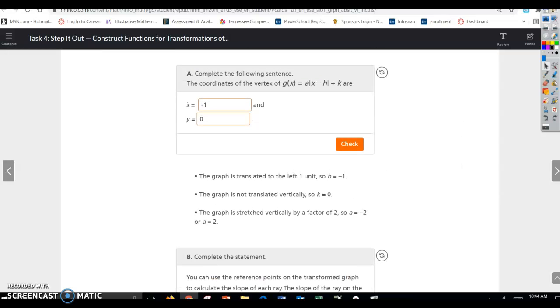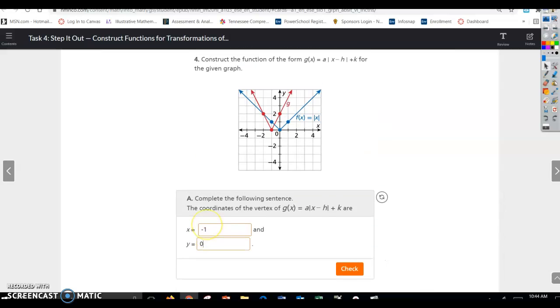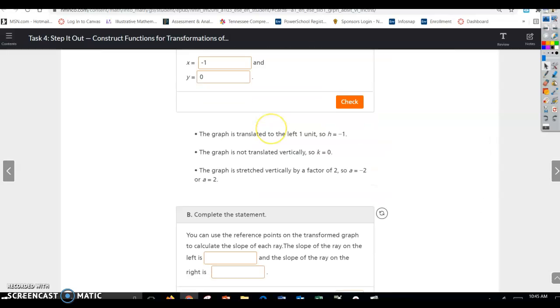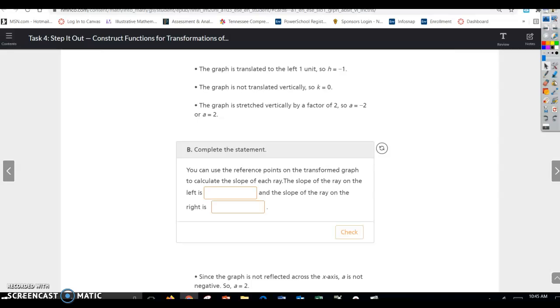It says the graph is translated to the left 1, so h is -1. The graph is not translated vertically, so k is 0. The graph is stretched vertically by a factor of 2, so a is either -2 or +2. You can look here and see that rise 2, run 1, so the slope is 2, and over here it's -2. You can use the reference points on the transformed graph to calculate the slope.